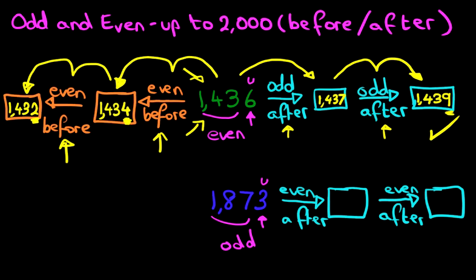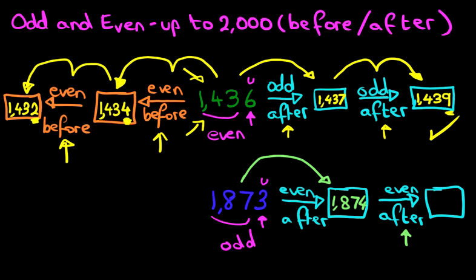Well, we've got 1873 here. That's an odd number. Because this is an odd number, the number after it has to be even. Don't forget, odd, even, odd, even. That is the sequence. So if this is an odd number, the next one, we don't count in twos, we just count in ones. The very next number is 1874.